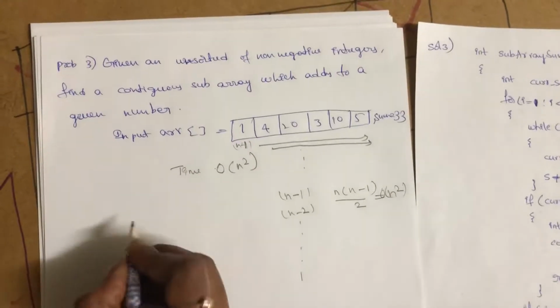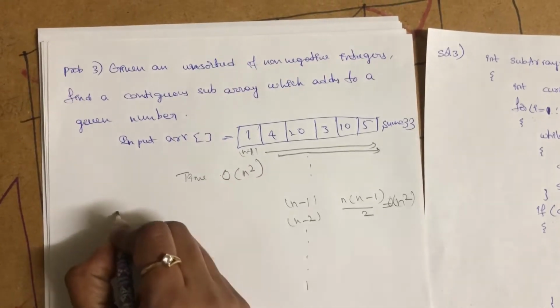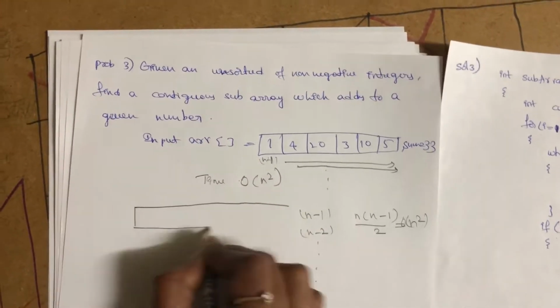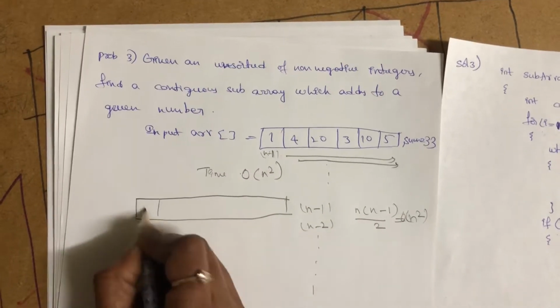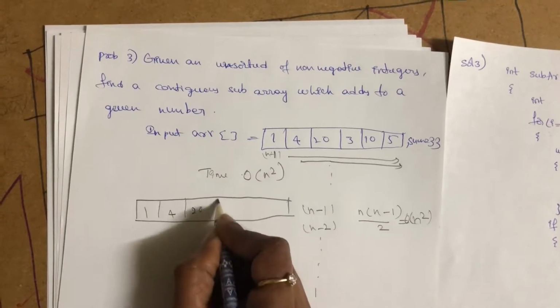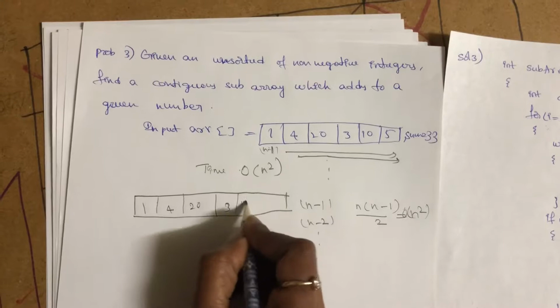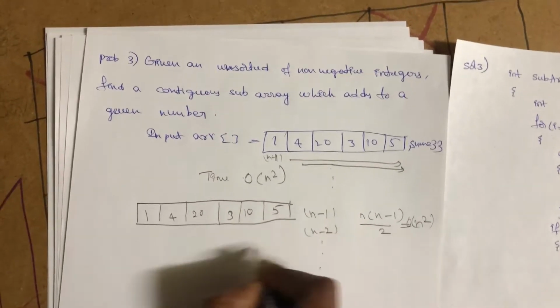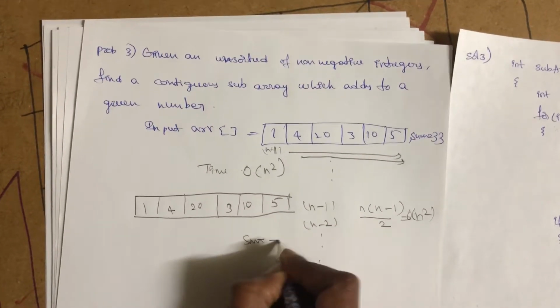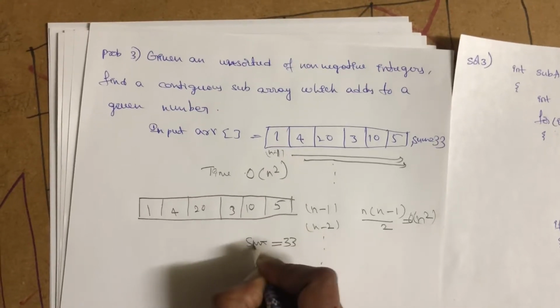We can use one efficient way, which is by using pointers. Now I am taking this array, and the given sum is 33.